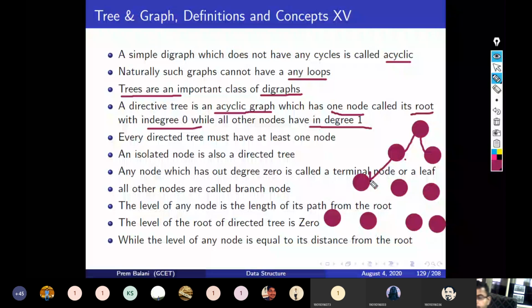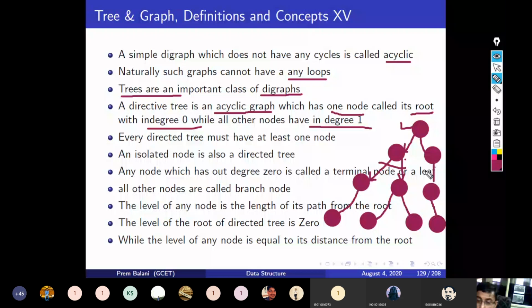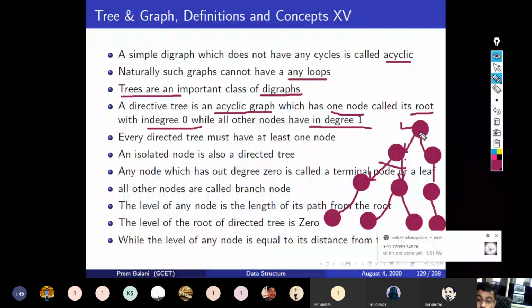Look, there are no cycles in this graph, and in this graph, this node has 0 in degree. So this node is a root node, and all other nodes have in degree 1. Out degree may be more than 1, but the in degree is 1 only for all other nodes except this root. Root has in degree 0, right? So let's go ahead.